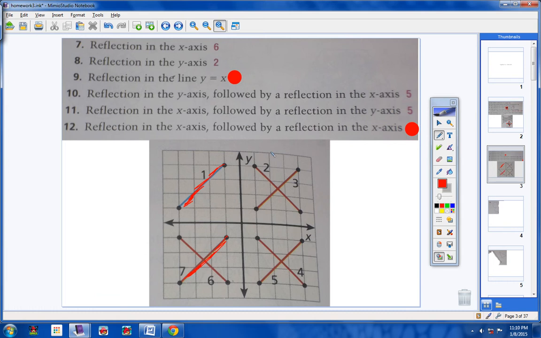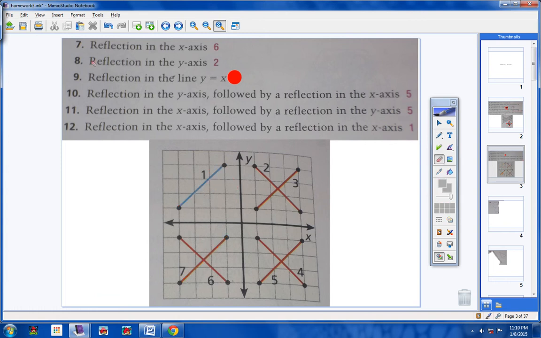And then we're going to reflect it back across the x-axis, so it goes back to this line right here. Okay? So it'll be line 1. Let's look at that one again, okay? You're going to reflect it across the x-axis to here, and then reflect it again back across the x-axis back to over here. So the answer is line 1.